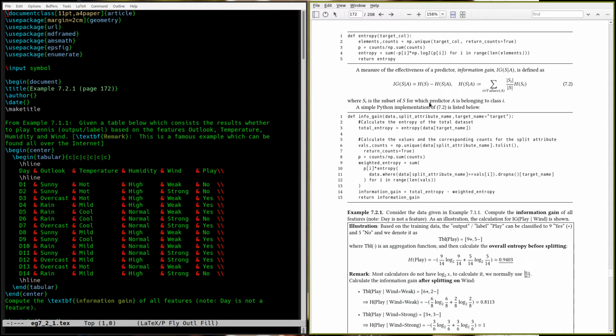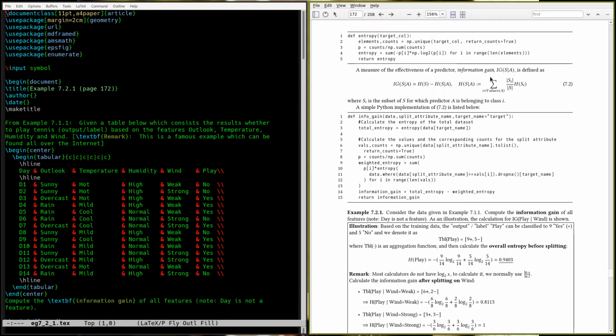Information gain is for a split. When we want to split a table, we can choose a certain attribute to follow to perform the splitting.